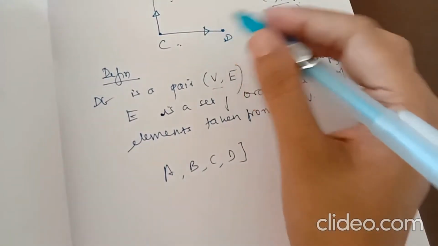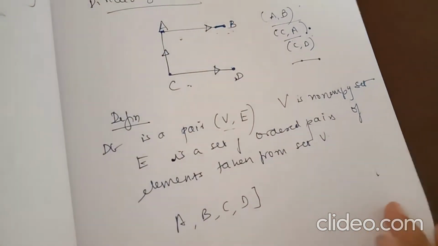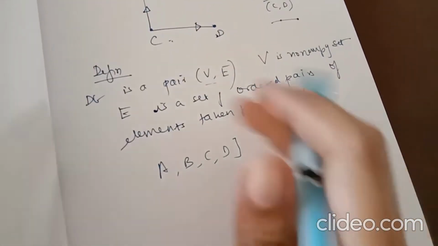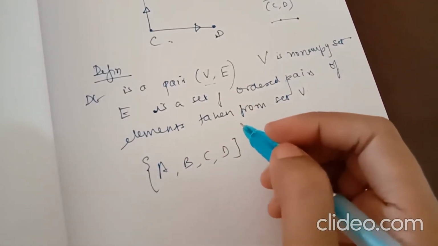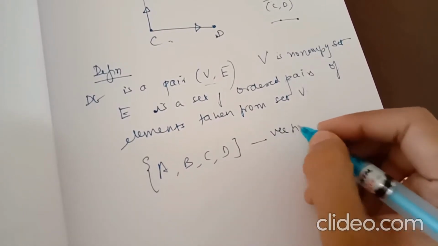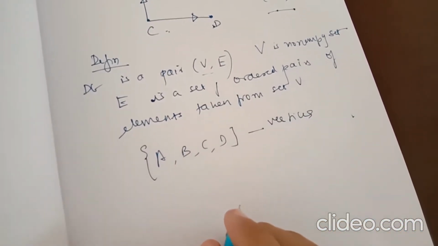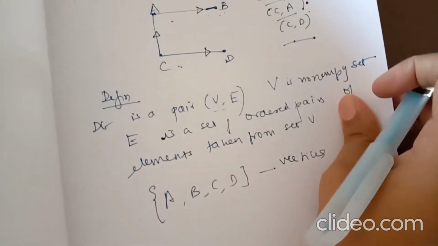Let's consider this graph, or this diagram. We call these vertices A, B, C, D. These elements of V are called the nodes or vertices or points. And the elements of E are called the directed edges. Which are the elements of E?